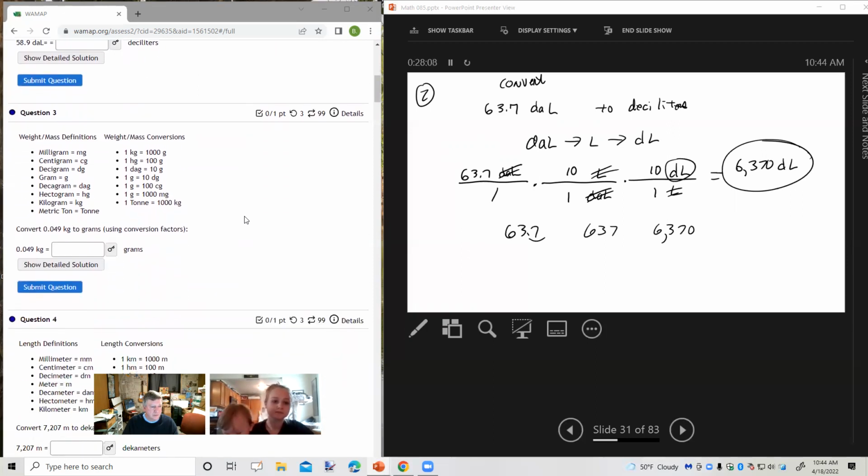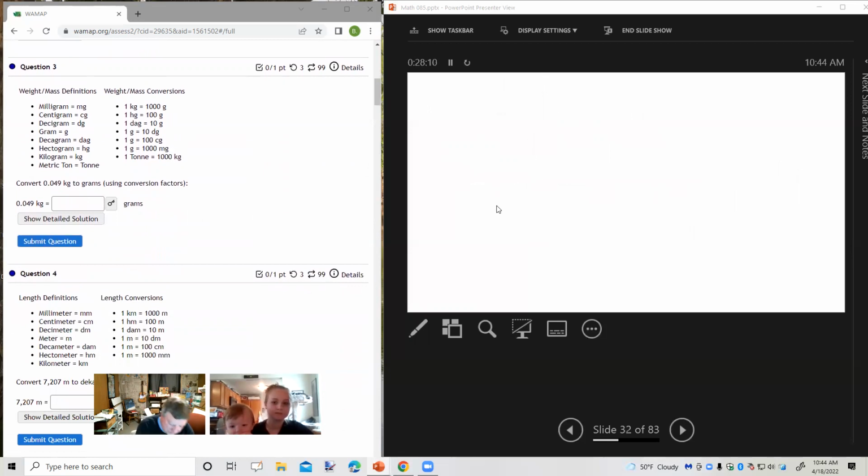All right, let's do something with weight or mass. So let's see here. We're going to convert, how about 0.531 kilograms to grams. So I'm going to go from kilograms to grams.